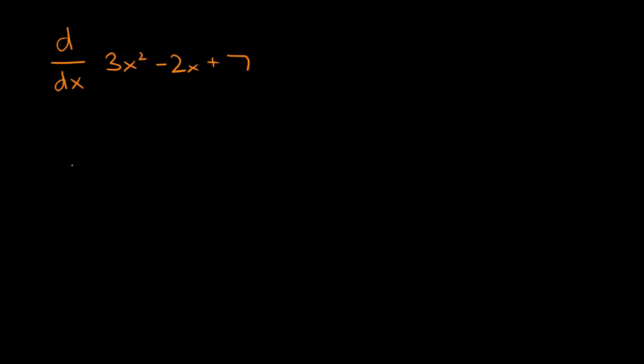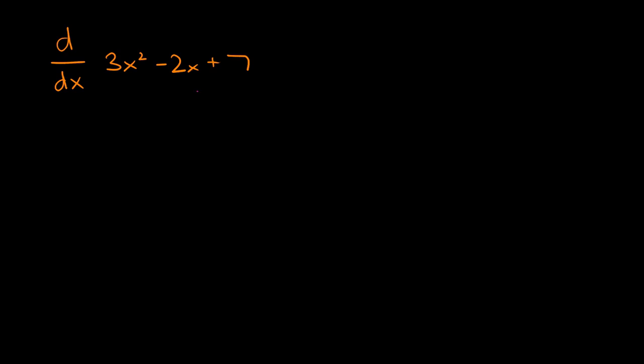Now we have a slightly different problem. This is a polynomial. 3x squared minus 2x plus 7. It's not just a monomial. But if you remember from the beginning of the video, I did say that when differentiating, we break up the function monomial by monomial.